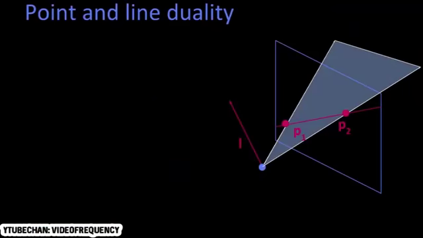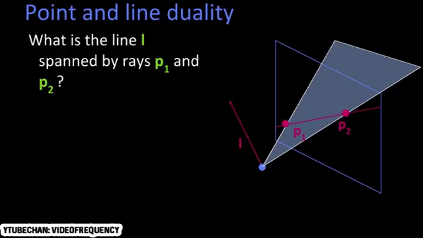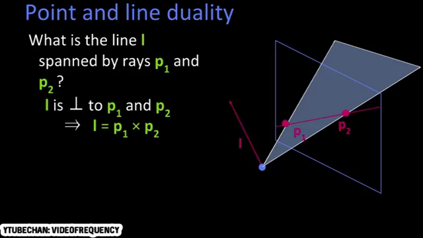Given these points and lines are both 3-vectors and we have this duality, suppose I have 2 points, P1 and P2. Now remember, points are actually these rays, P1 and P2. How would you solve for the line that goes between them? Okay, so you know in algebra, if I gave you 2 points, you would figure out your formula for a line. Well, in projective geometry, it's actually pretty easy.